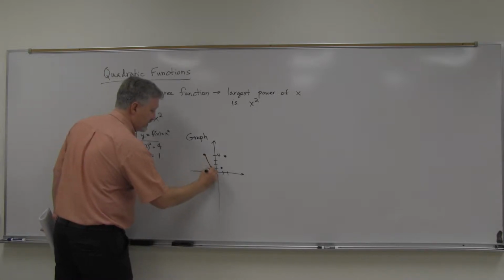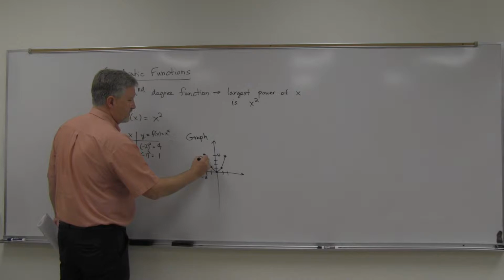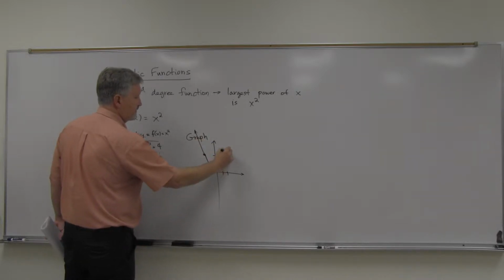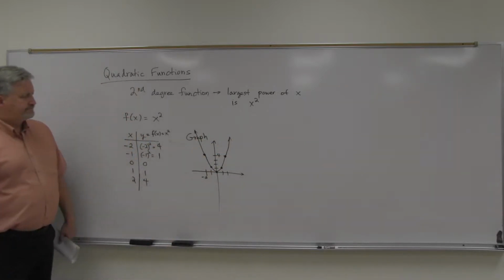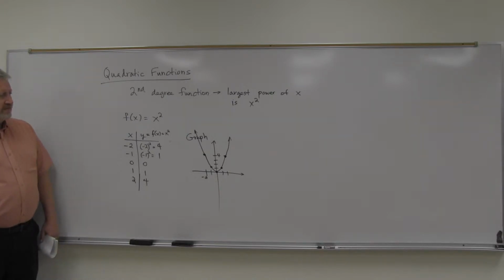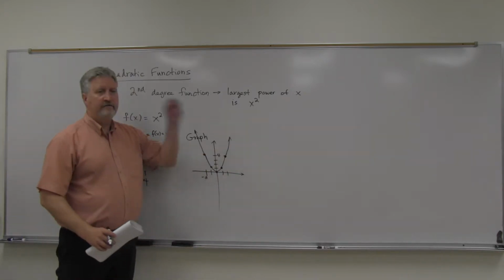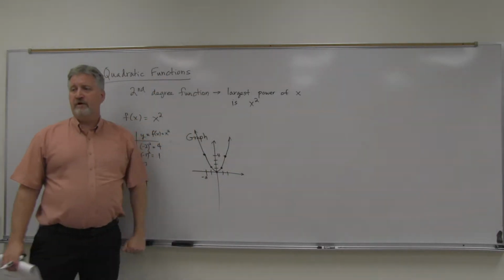What we get is this little curved graph like this. Hopefully it's not hard to imagine. This graph is going to continue on upwards in both ways. The next one will be 3, 9. So it's just going to keep going up and up.